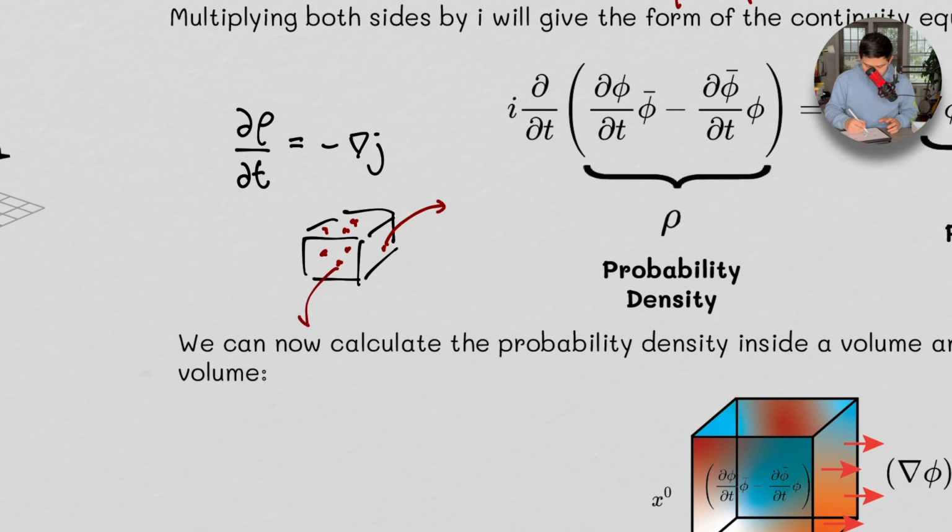If some of these are moving out, the density is changing over time, and that is related to the current moving out of the box. So this is J, and inside is the density.